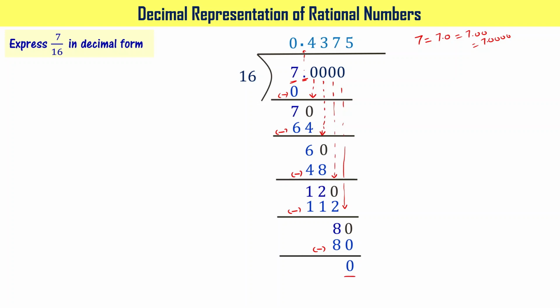That's why I have kept only 4 zeros here. Otherwise, I could have kept more zeros. Doesn't matter, right? Now, we can say that 7 by 16 equal to 0.4375. It is read as 0.4375. So we have expressed 7 by 16, which is a rational number, in the decimal form, right?